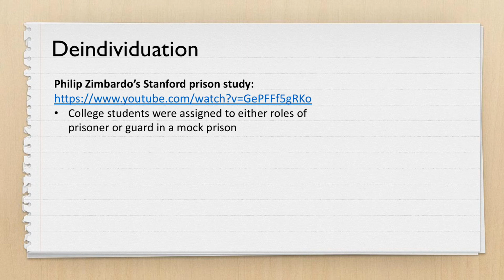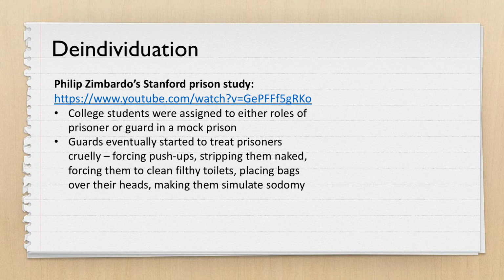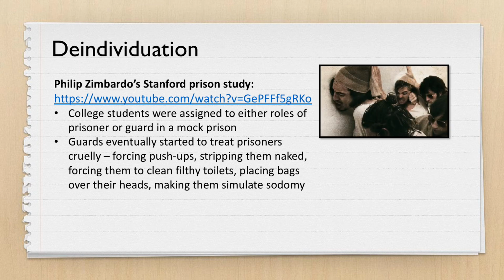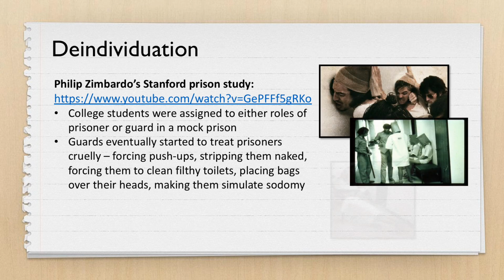So, the college students in this experiment were assigned to either the roles of prisoner or guards in a mock prison. The guards eventually started to treat prisoners cruelly. They forced them to do push-ups, stripped them naked, forced them to clean filthy toilets, and placed bags over their heads. Look at these pictures.